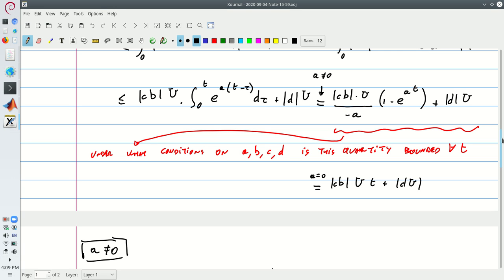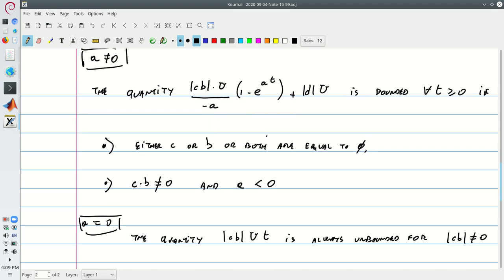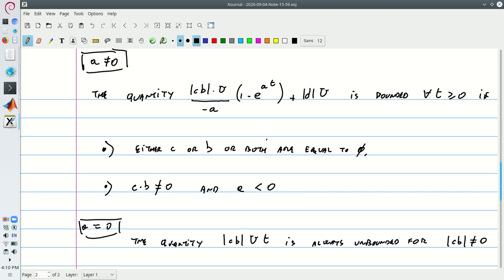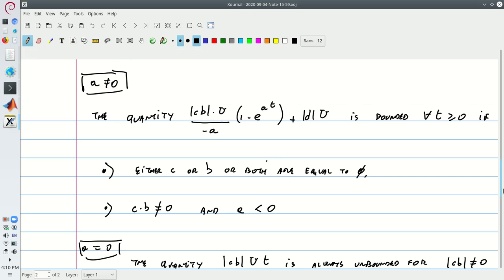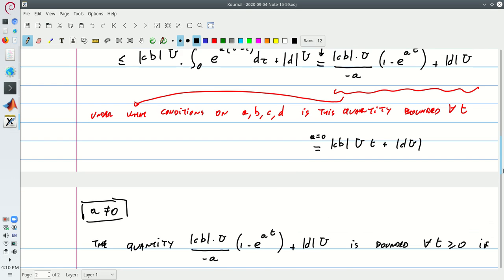When A is different from 0, this is our upper bound. When A is equal to 0, this is our upper bound. And we found that for A different from 0, the upper bound is unbounded when A has a real part that is positive, and when instead it is bounded when A is negative. And when A is equal to 0, the quantity that we get here is always going to be unbounded. Okay?